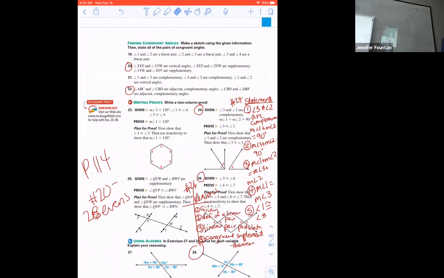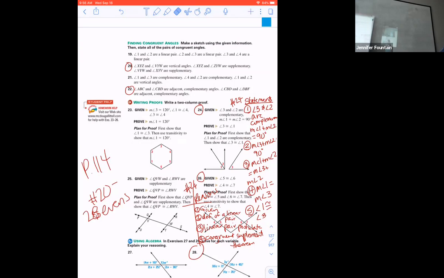Measure of angle 1 plus the measure of angle 2 equals the measure of angle 3 plus the measure of angle 2. So that's going to be transitive. Then measure of angle 1 equals measure of angle 3. It's going to be subtraction property because we took away the measure of angle 2 from both sides. And then finally, our last step, angle 1 is congruent to angle 3. That's our definition of congruent angles.